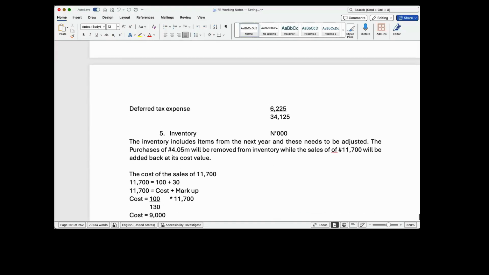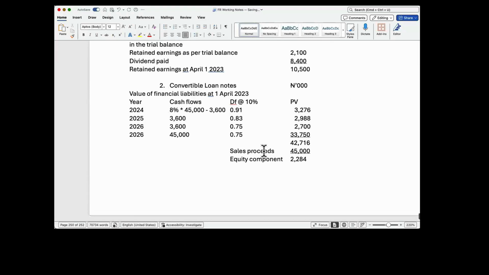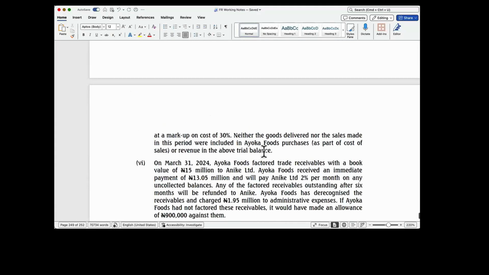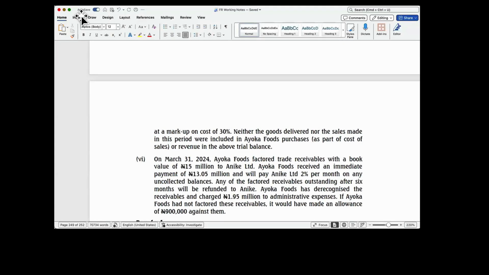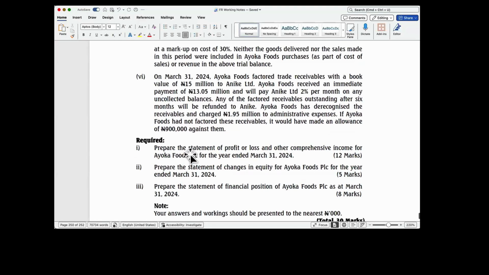Okay. So the last additional information, which is additional information 6. This talks about on 31st March 2024, Ayoka Foods factored trade receivables with a book value of 15 million to Anike Limited. Ayoka Foods received an immediate payment of 13,050 and will pay Anike Limited 2% per month on any uncollected balance.